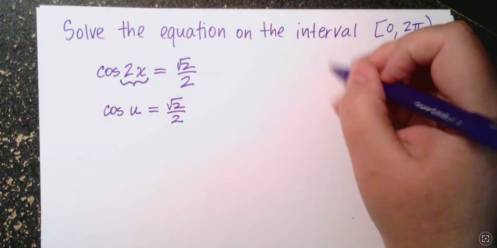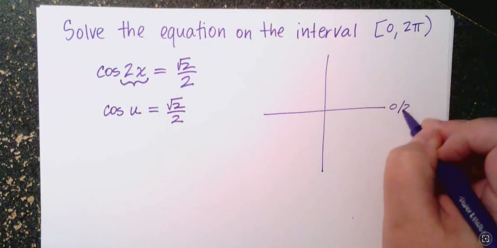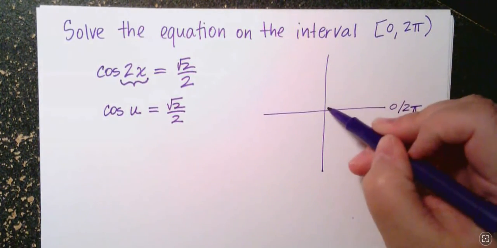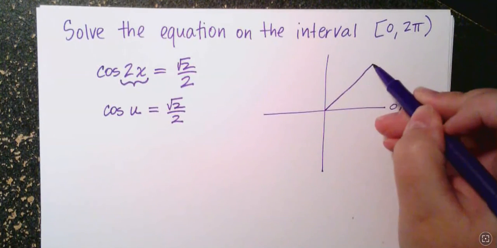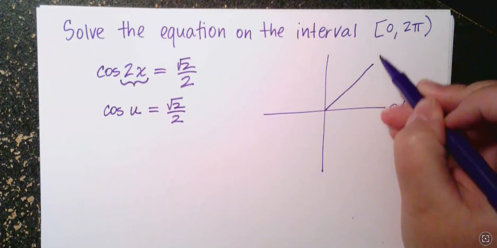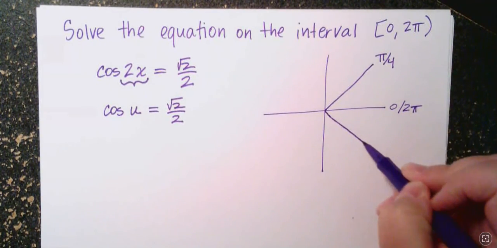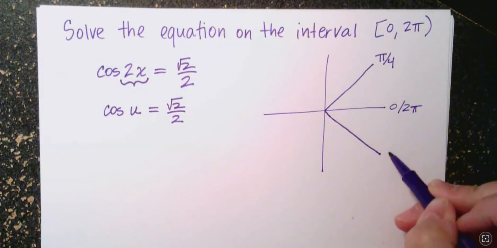Well, I know there are two places between 0 and 2 pi where cosine has a value of square root of 2 over 2. Right out in the middle of the first quadrant, and right over here in the middle of the fourth quadrant, which is 7 pi over 4.